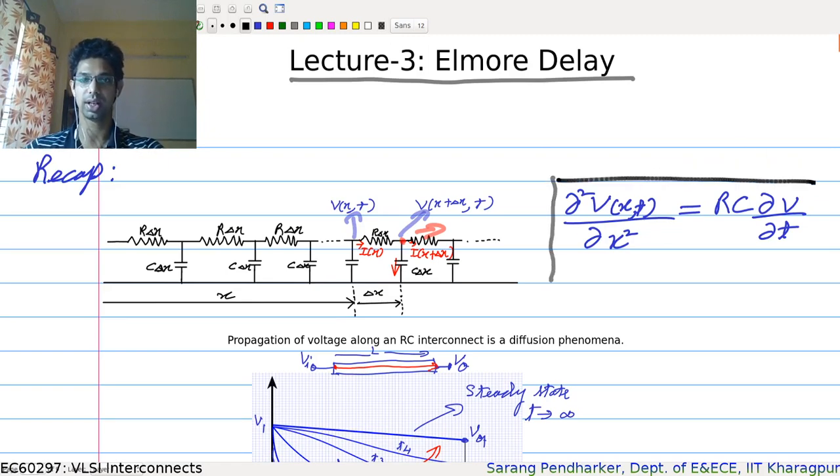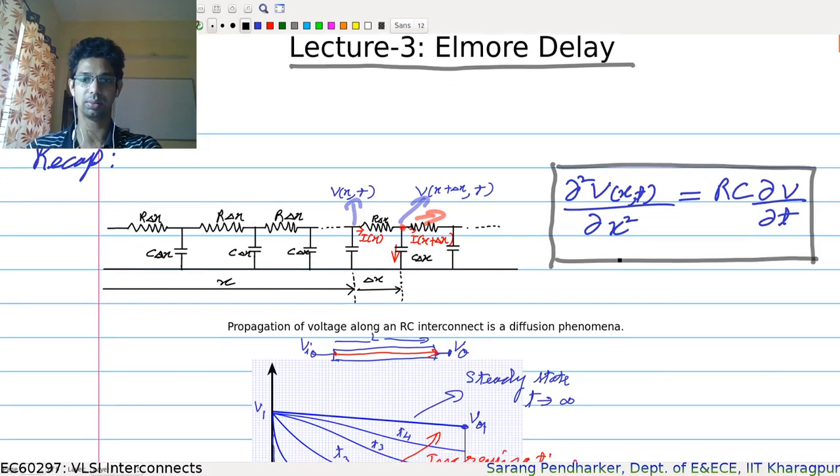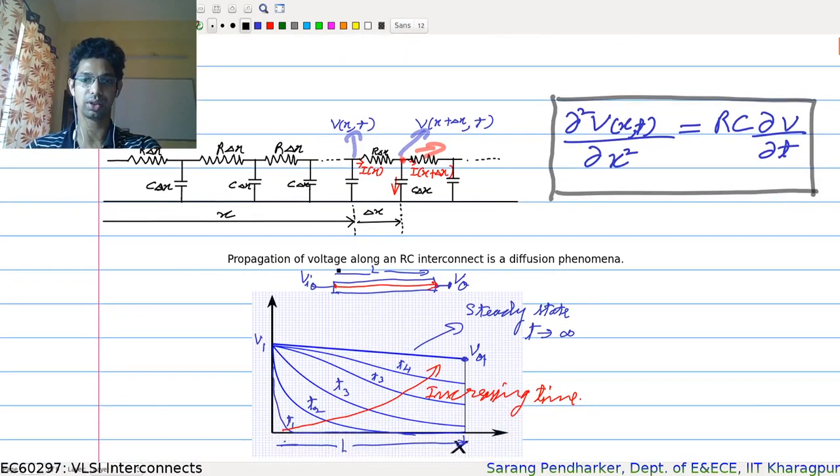So we had seen that the voltage and also the current along the length of the interconnect is governed by what is called the diffusion equation. So in an RC interconnect, the phenomenon with which the voltage propagates is actually diffusion.